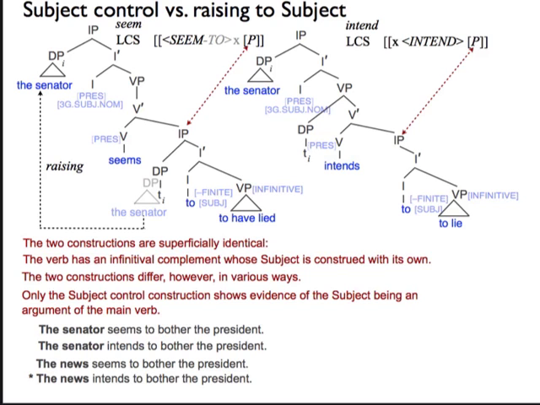In the case of intend, we have X intends P. You have two arguments there, not just one. And the P is again realized as an IP, but the X is necessarily realized by the theory. The theory says if you're an argument of a verb, then you must be in either complement or specifier position of the VP that verb projects.